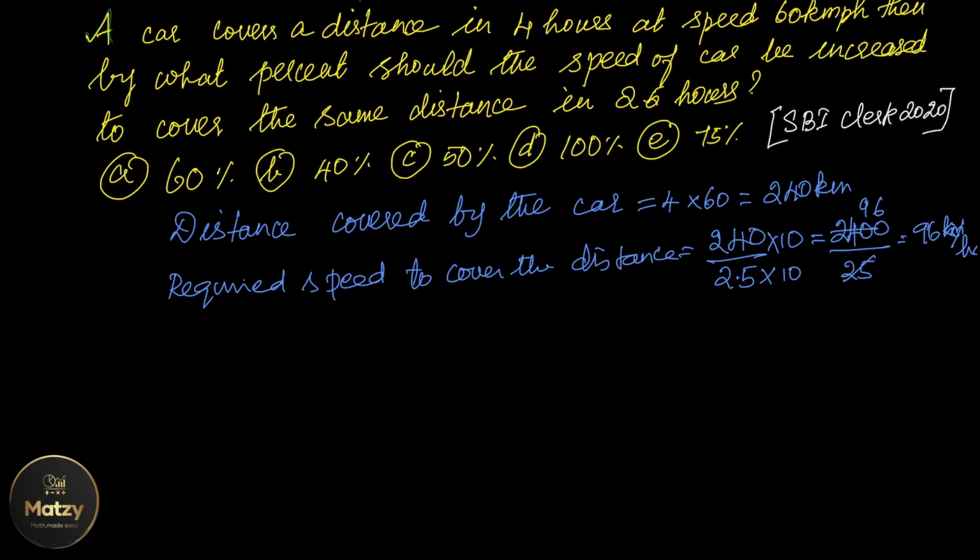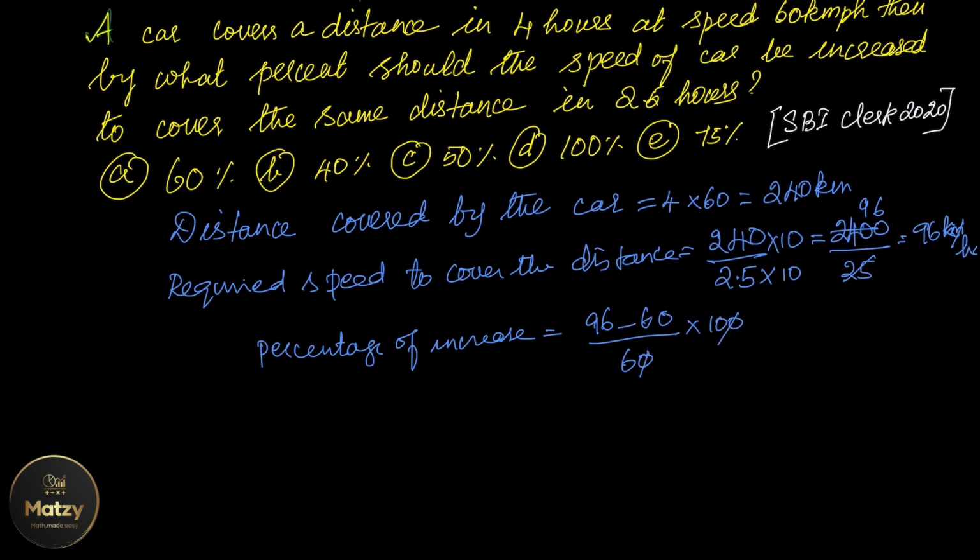So, what is the question? By what percent should the speed of the car be increased? So, the percentage of increase is equal to the increased speed minus the previous speed, divided by the previous speed, 60, into 100.